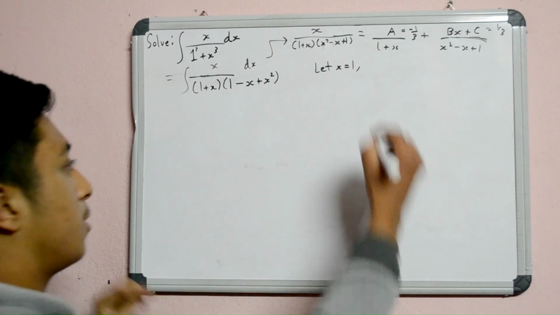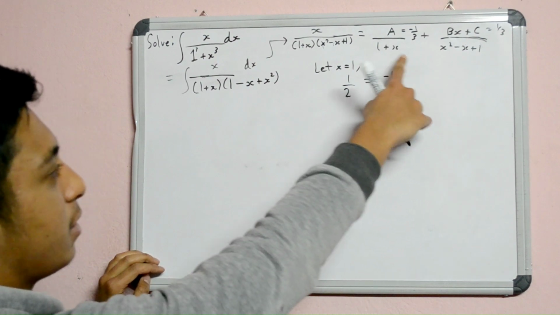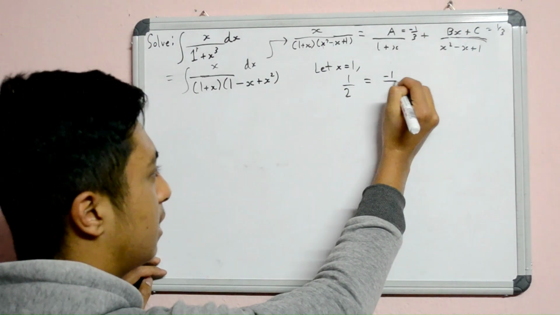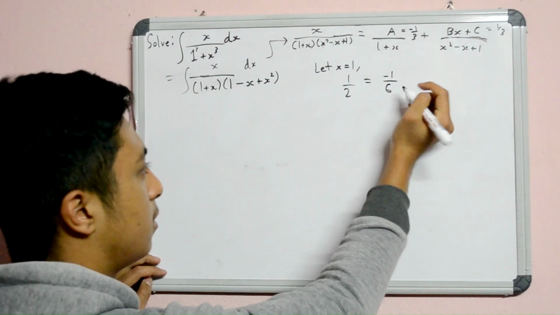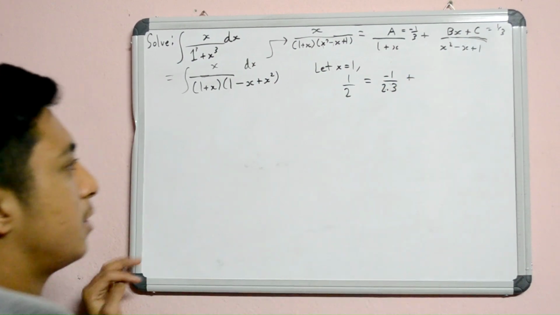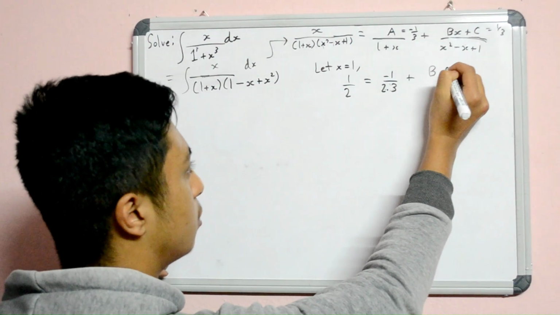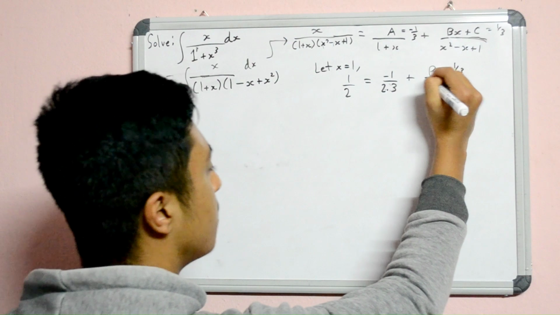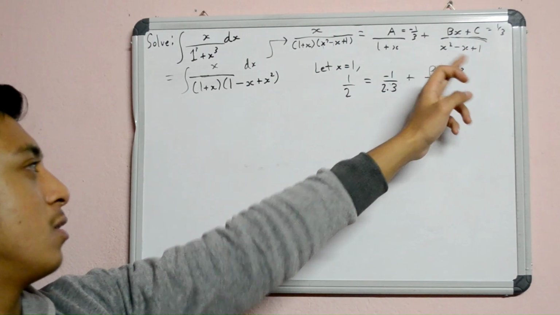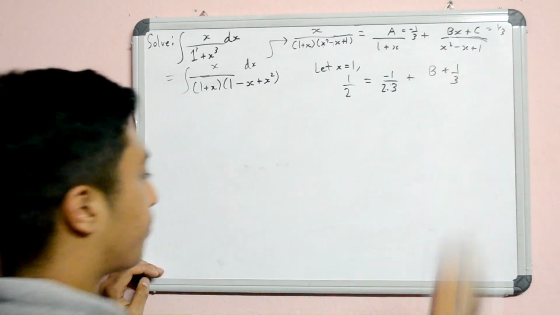So overall this is 1 by 2, equals A, minus 1 by 3, over 1 plus 1, which is 2, so this is minus 1 by 6, plus B times 1, plus 1 by 3 over 1 minus 1 plus 1, so this is just 1, so plus 1 by 3.